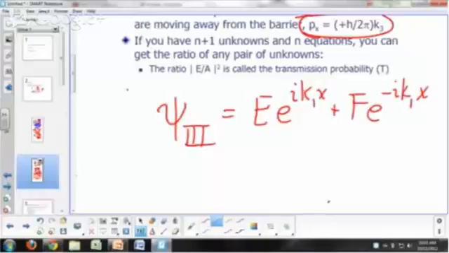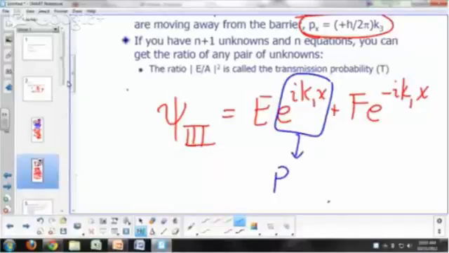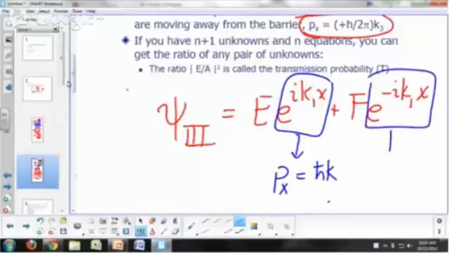If you remember, this first term is an eigenfunction of the momentum operator. This corresponds to a stationary state with p x equals h bar k. And this second term is an eigenfunction of the momentum operator, which corresponds to a momentum of negative h bar k.